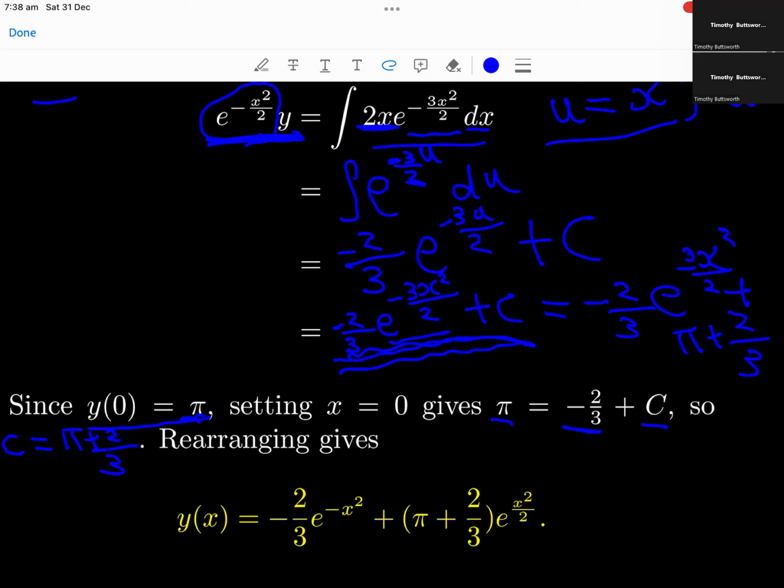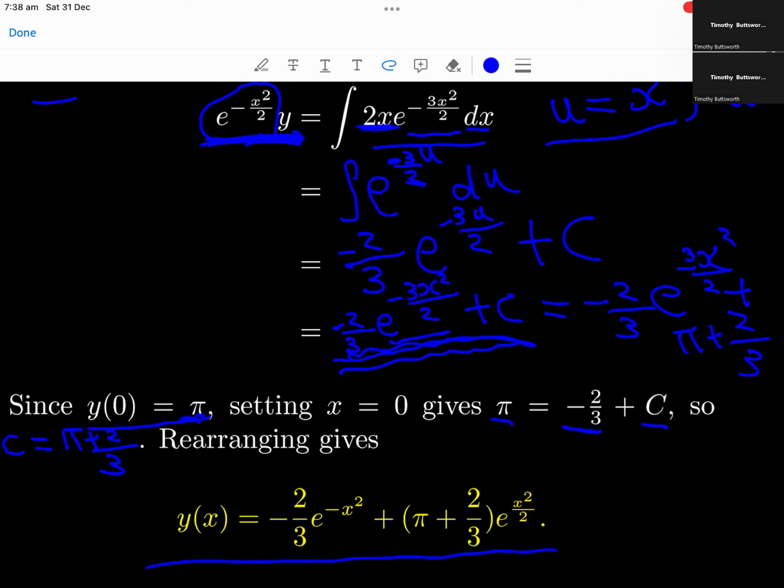So now all I need to do is rearrange for y. At the moment, the left-hand side is e to the power of minus x squared on 2 times y. I'll simply multiply both sides of this equation by e to the x squared on 2. And what I end up with is this as my final solution.